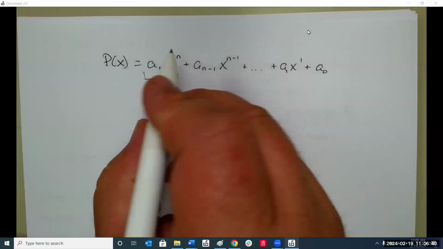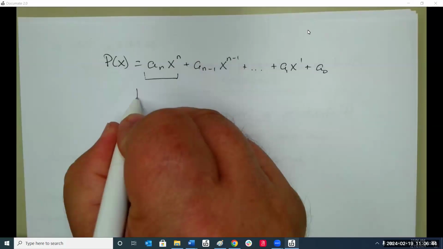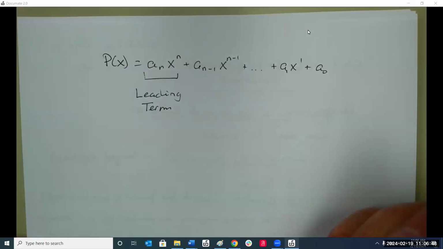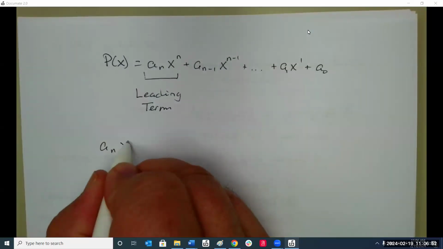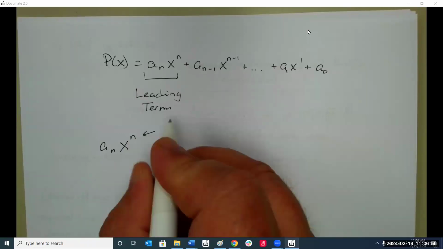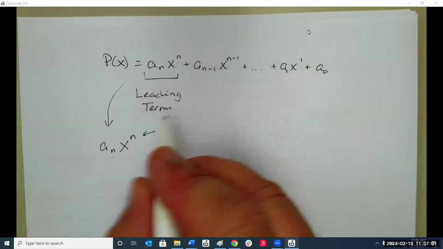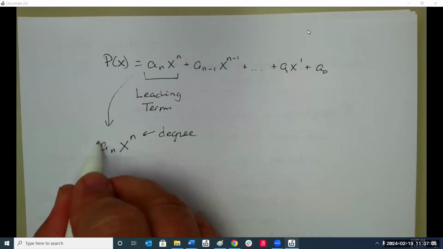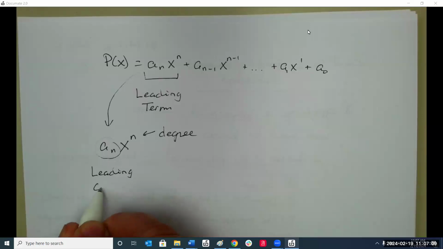The first term is called the leading term. The leading term is very important. The exponent of it is called the degree, and the coefficient is called the leading coefficient.